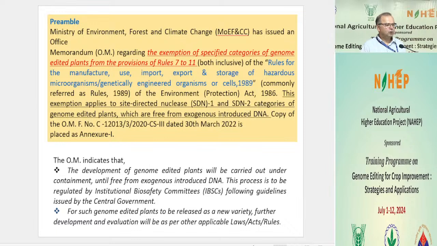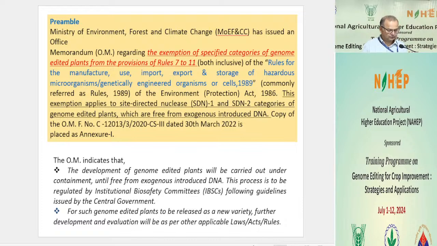In between, if you want to grow plants, it has to be in a designated place like a glass house or growth chamber which is designated or allowed to grow recombinant plants or genetically engineered plants. All this developmental procedure has to be carried out under containment until the plant is proven to be free from exogenous DNA. Exogenous DNA means whatever you have introduced to do the CRISPR-Cas technology, the sgRNA, Cas9, all those things.